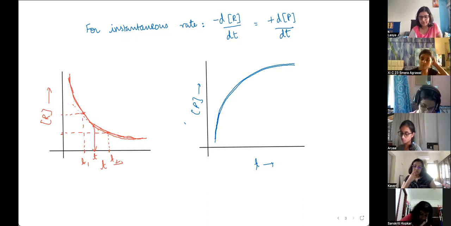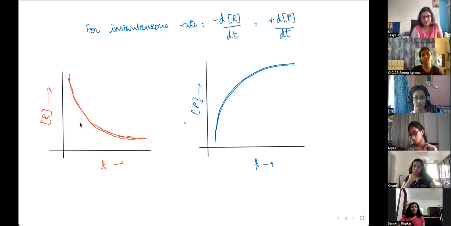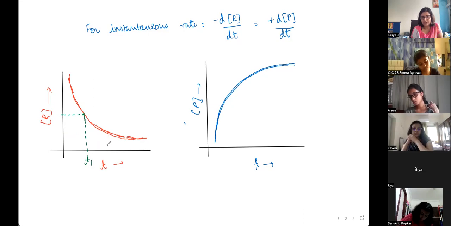I'll put it in different colors. For the average rate, this is T1 and let's say this is T2. At T1 the concentration is this much, let's say R1, and at T2 the concentration has reduced to this much, so this will be R2.